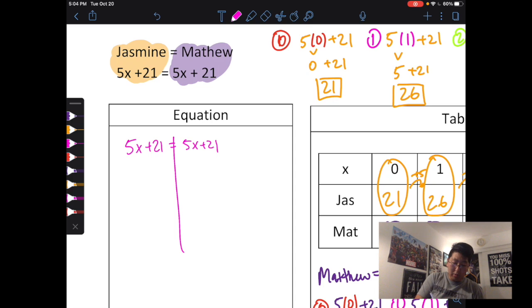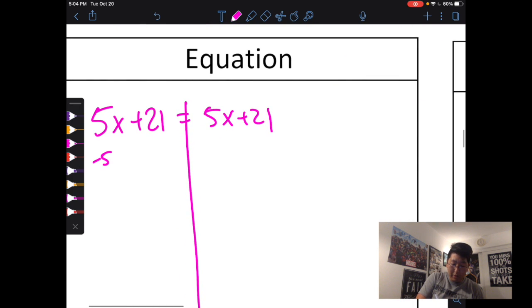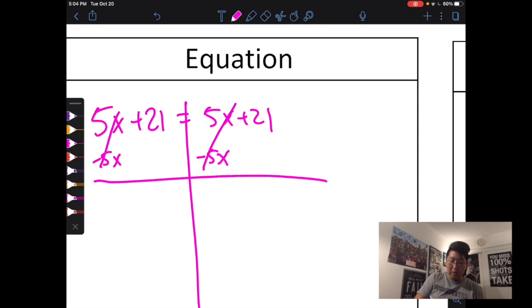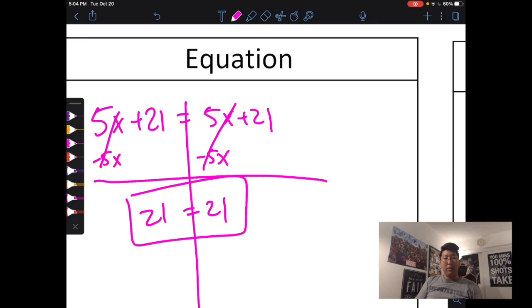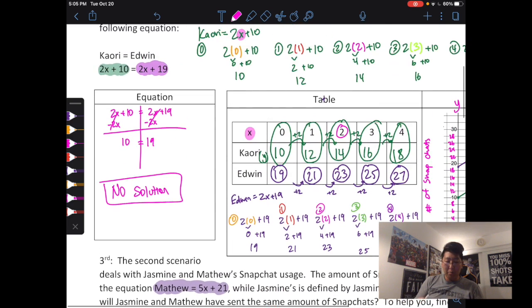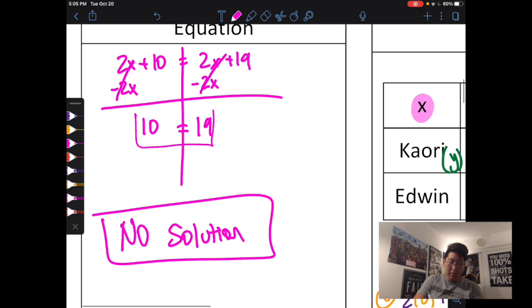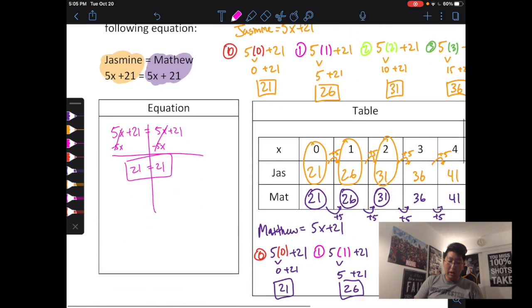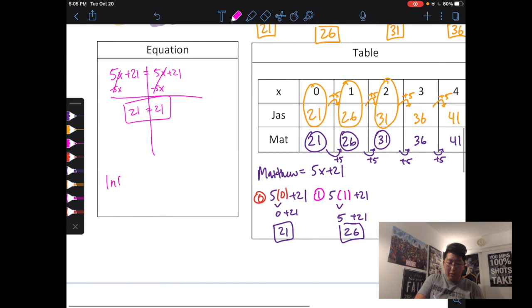Let's go ahead and get x on one side. There's minus 5x. We get 21 equals 21. And that right there, the numbers are the same. Over here, the numbers are different, right? So when the numbers are the same, we could say that there's an infinite number of solutions.